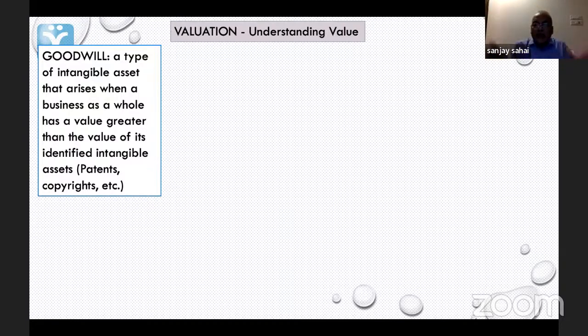तो business का value है, जैसे कोई भी method से हम value निकालेंगे. What will happen is that business, because of, let's say, the intangible assets that it has. See, one type of intangible asset is related to things like patents, copyrights, इस तरह की चीजें. जैसे दवाई बनाने का कोई पेटेंट. Now, if you have a patent to make a medicine, that means you have a monopoly.